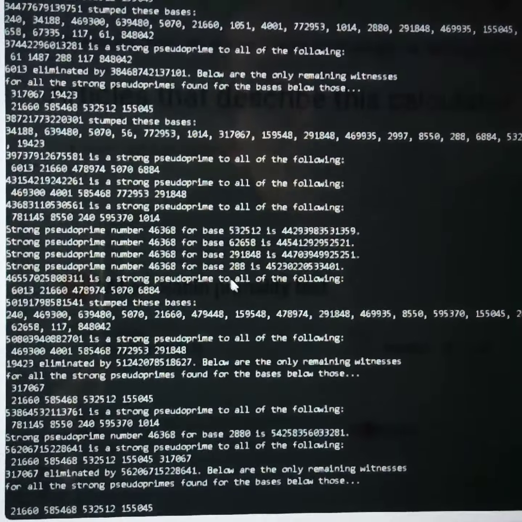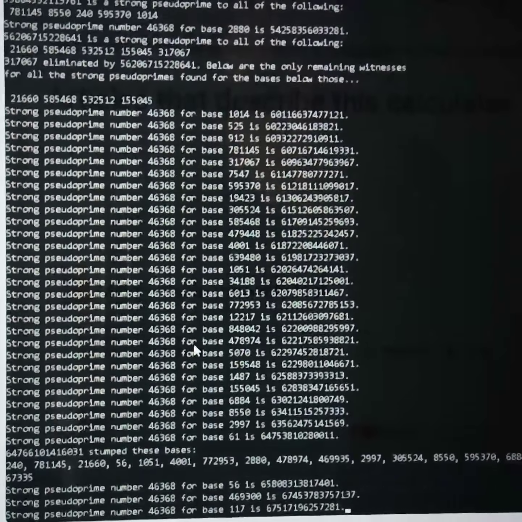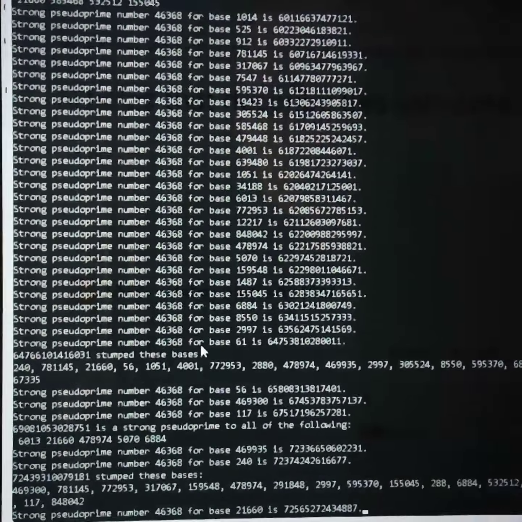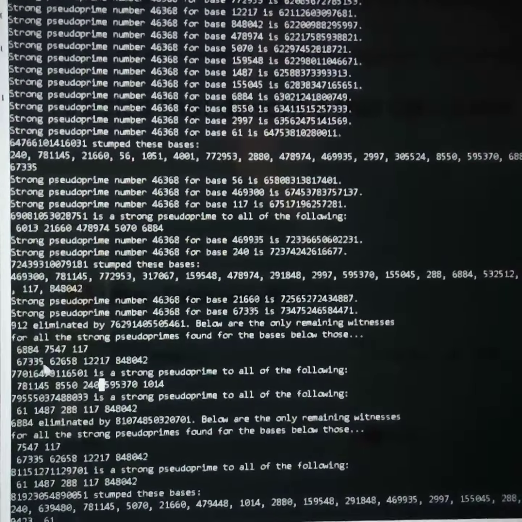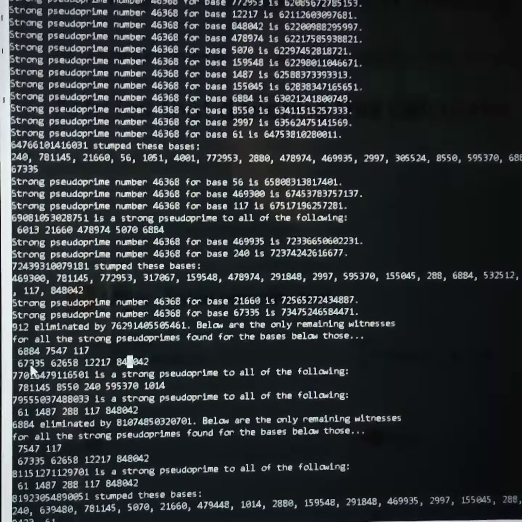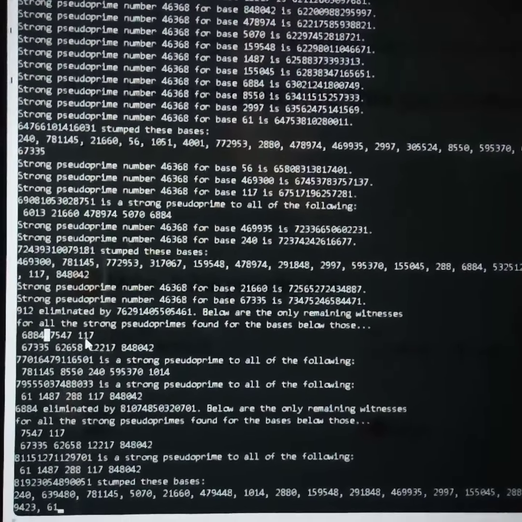Yeah, so 46368. Each time each base has that many strong lies, it prints out all those logs. See, some combinations are still alive. This one, these 4 bases have 3 reliable witnesses left so far.